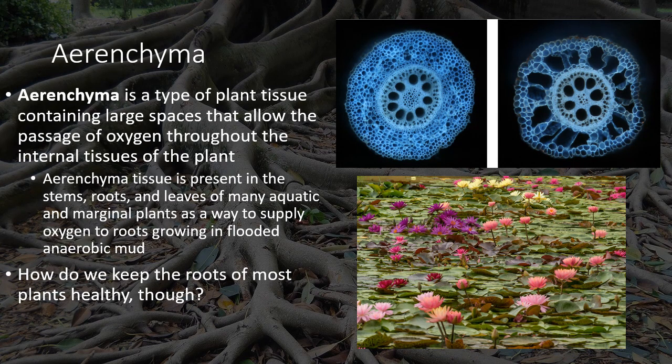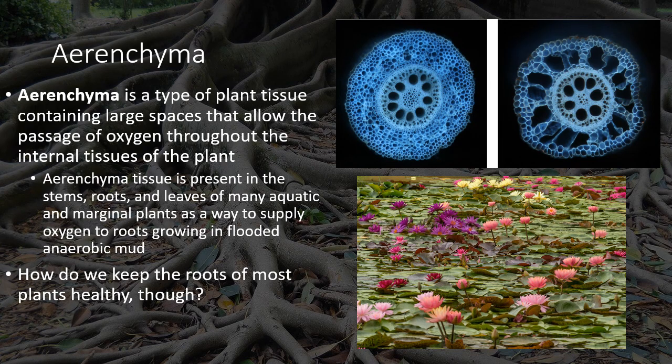And the answer is that they actually supply their own oxygen. They have piping internally inside of their roots to supply oxygen to those roots, even though they're growing in flooded, anaerobic mud where there's no oxygen.